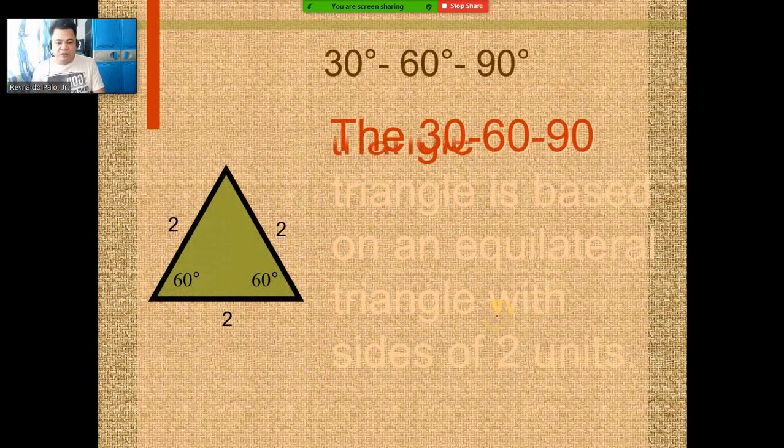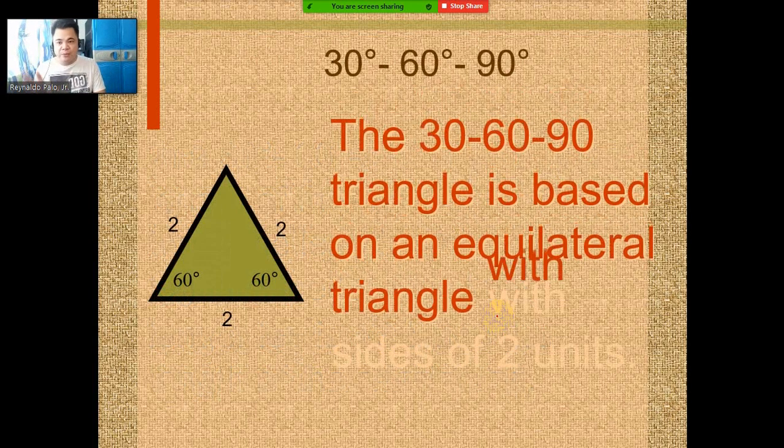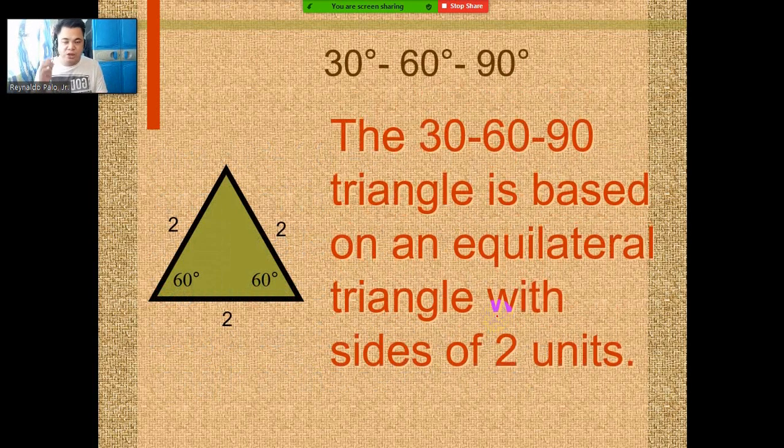So for the 30, 60, 90 triangle, if a while back in the 45, 45, 90 triangle we used a square, this time we're going to use an equilateral triangle to interpret 30, 60, 90. In an equilateral triangle, all of the sides are congruent, and all of the angles are also congruent. The angles measure 60 degrees each; 60 times 3 equals 180 degrees.